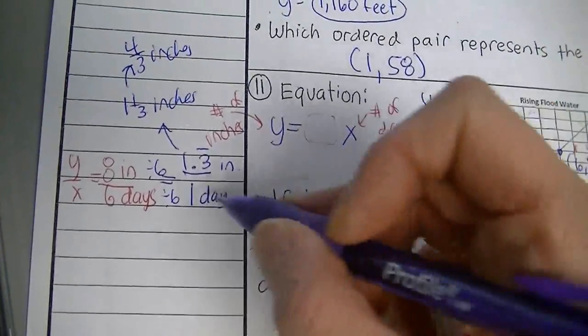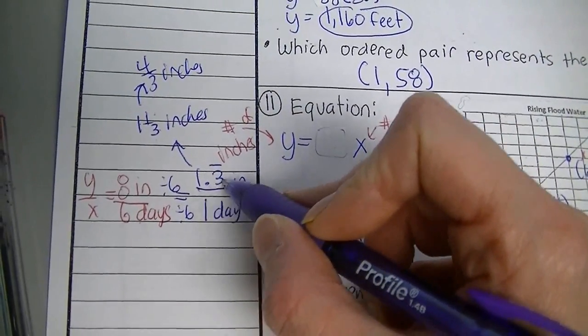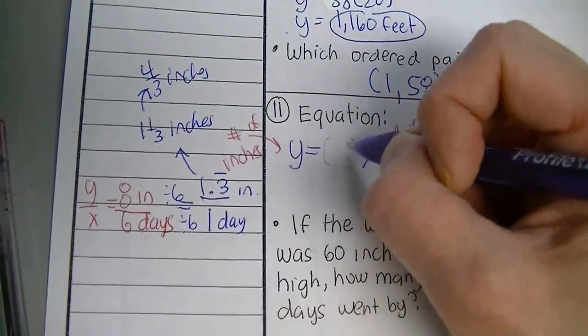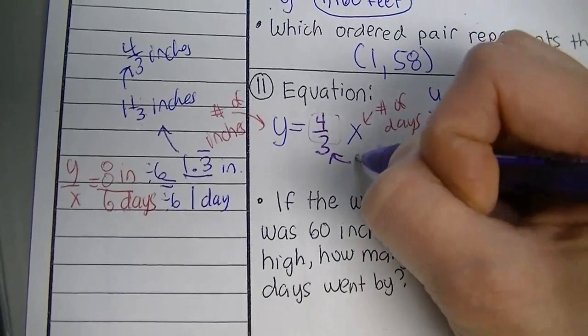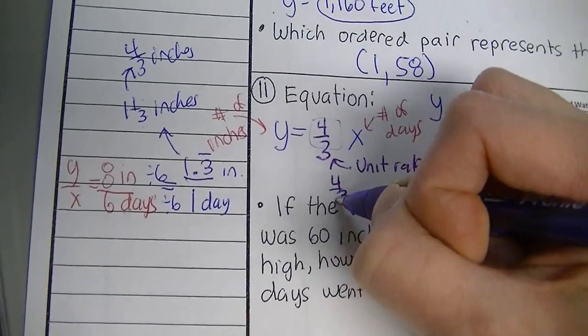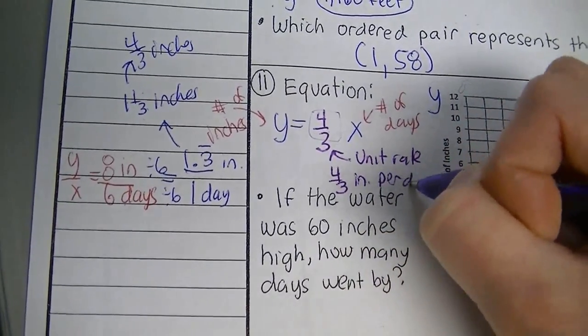For the sake of this, I'm going to write this fraction right here because I don't really like dealing with a repeating decimal. So I'm going to keep it 4/3. The reason I'm not doing 1 1/3 is because I just don't have enough room, okay? So that right there is the unit rate, which is 4/3 inches per day.